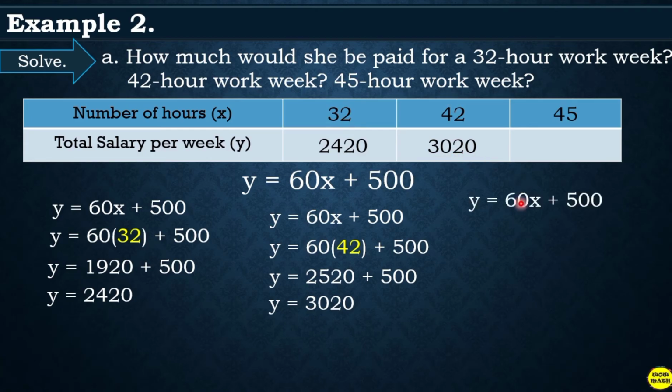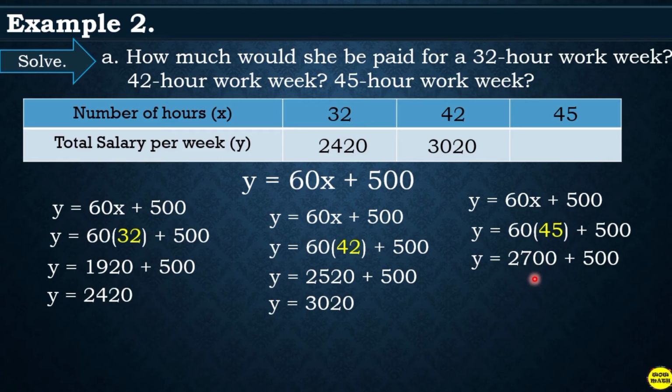Next. And then this one, so 60, paano naman kapag 45 hours siya nagtrabaho sa loob ng 1 week? So we have 60 times 45 plus 500, yung additional pay. So we have 60 times 45, that is 2,700. Okay? And 2,700 plus 500, that is 3,200. So, this is 3,200.